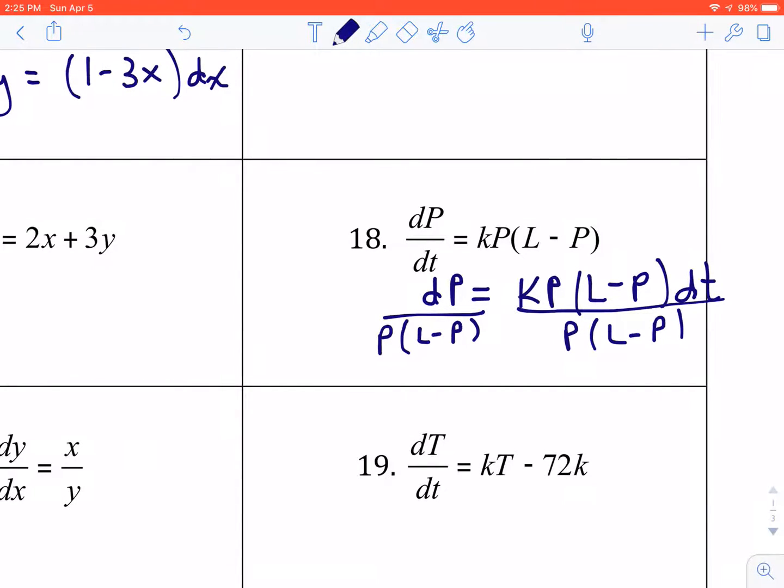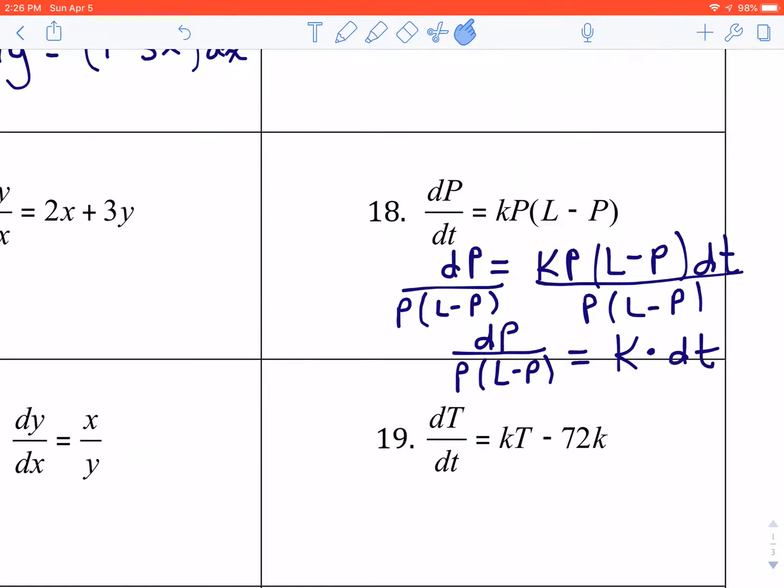I just had to remind myself that an L must just be a scalar of some sort, so we'll just assume that that is a scalar. But on this one, I wanted all the p's. So at first I thought maybe I should distribute, which I could have, and then divided by LP minus P squared, but I just had to make sure I got both of those factors to the other side.